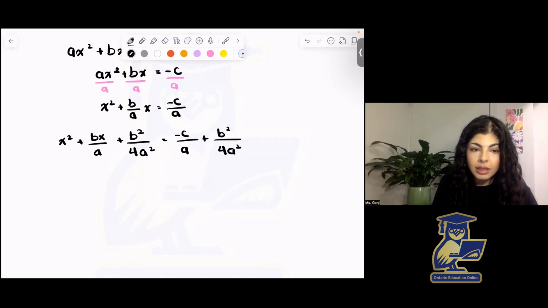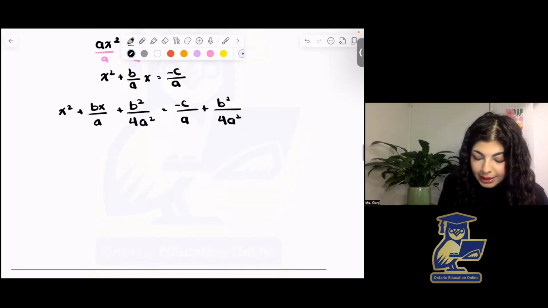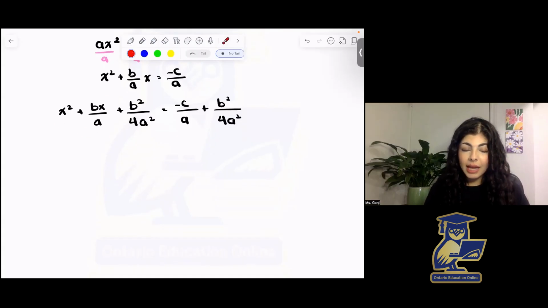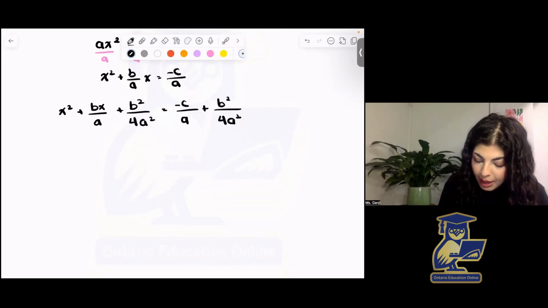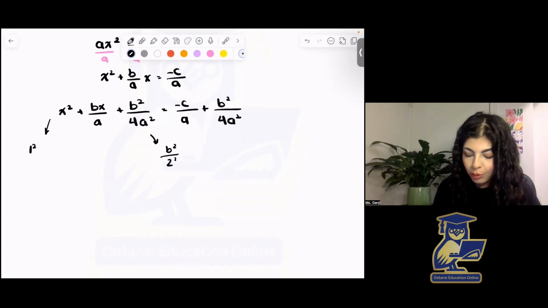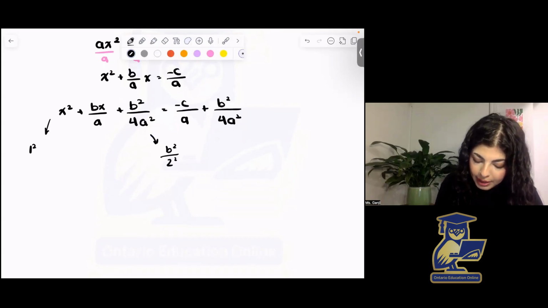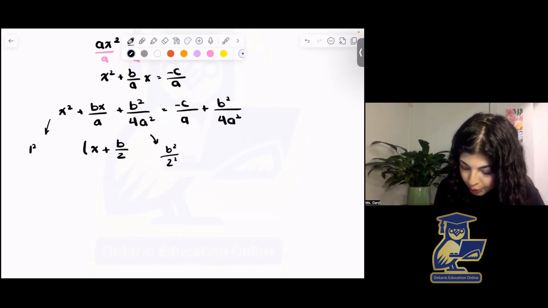So now the same equality will hold. Now this first side, our left side, is actually a perfect square, where here we have x squared, and this on its own is b squared over 2 squared, or 4. So using this, we can rewrite this as x plus b over 2.